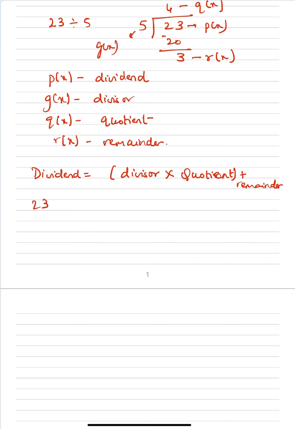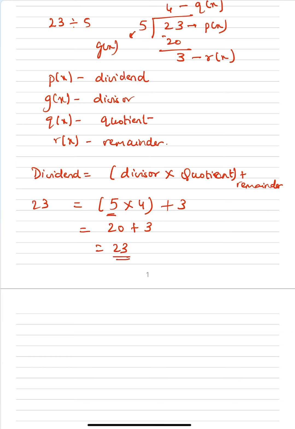The dividend is 23. Then the divisor 5 should be multiplied by 4, because 5 is the divisor, 4 is the quotient, and 3 is the remainder which should be added. So we will get 20 plus 3, that is equal to 23. This way we will do the division of a polynomial also.